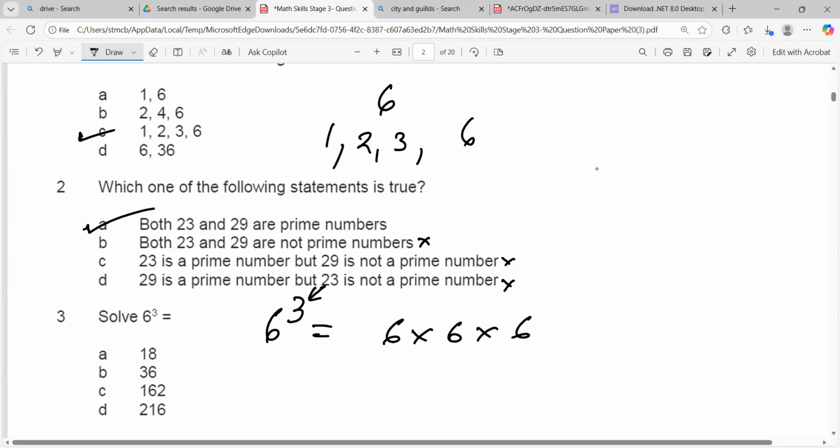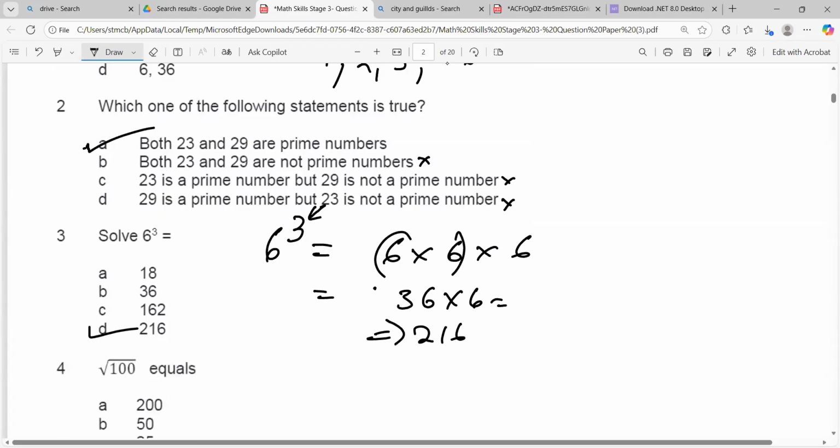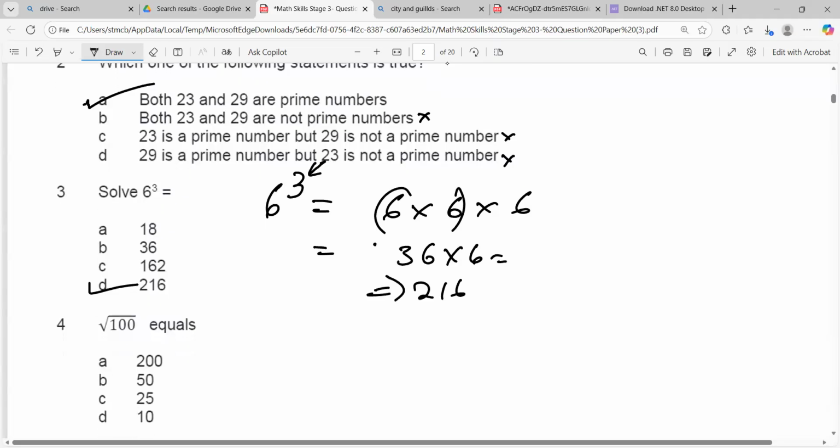That means we should multiply it by itself 3 times: 6 times 6 is 36, and 36 times 6 equals 216. It should not be interpreted as 6 times 3, but 6 to the third power.